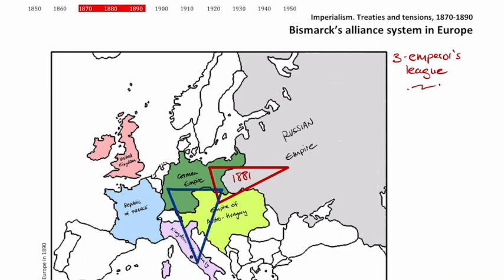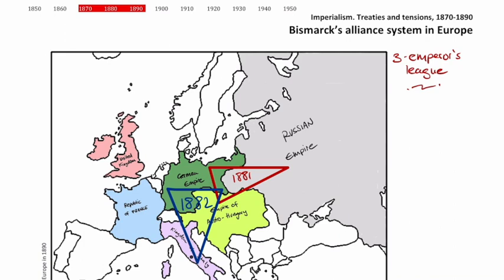Okay, the second one followed in the year after that, and that was the Triple Alliance between the German Empire, the Empire of Austro-Hungary, and the Kingdom of Italy. And that was a bit strange because on the one hand, Germany had an alliance now with the Russians, but also with Italy and Austro-Hungary.